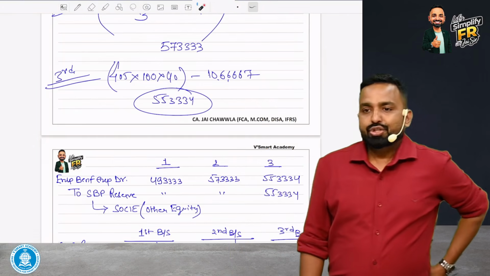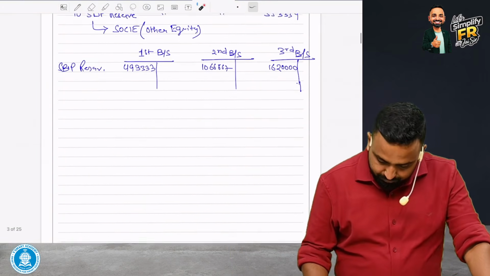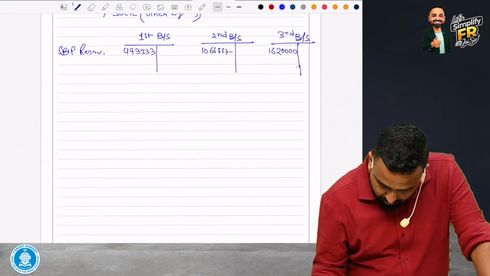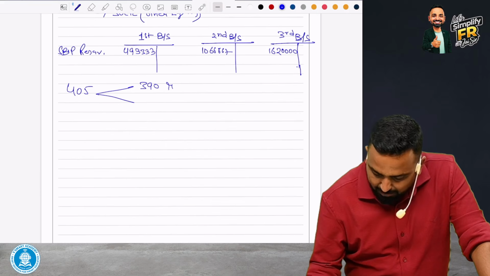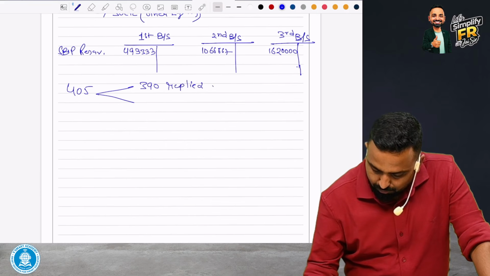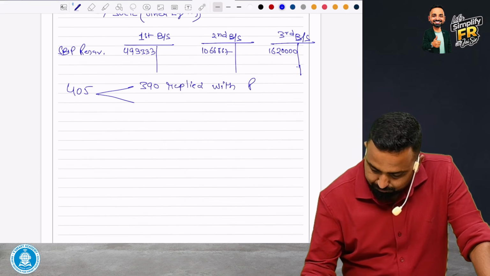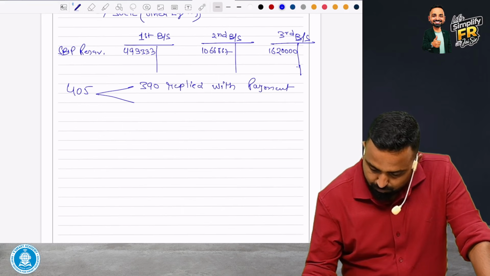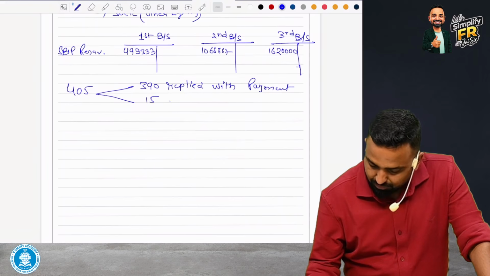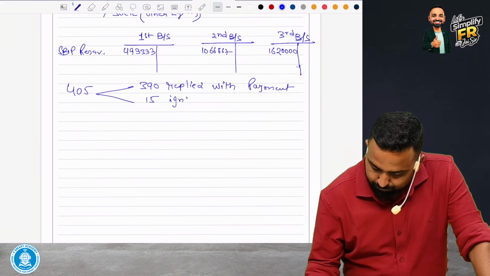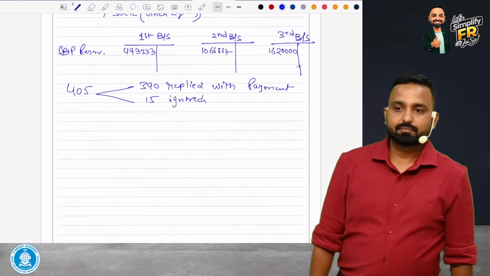In those 3 months, 390 replied with payment, and 15 employees ignored the mail.